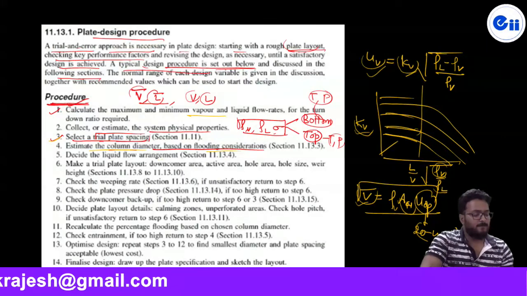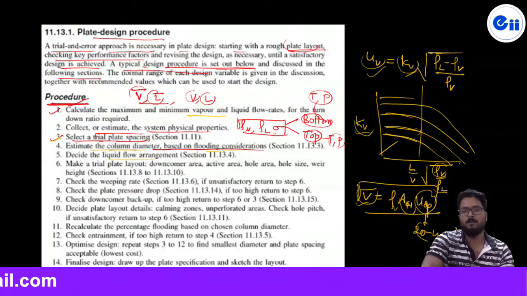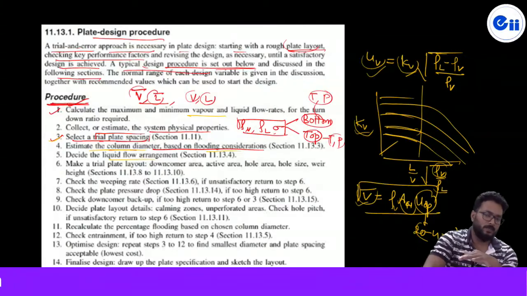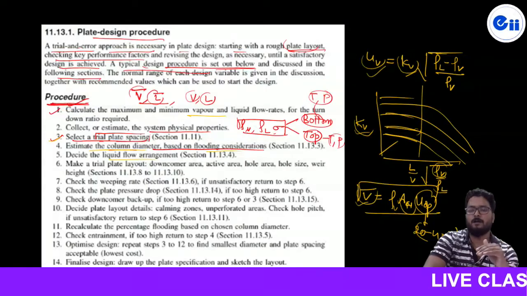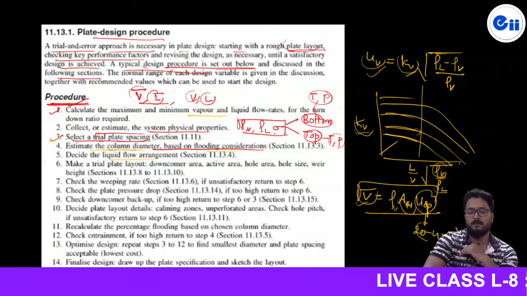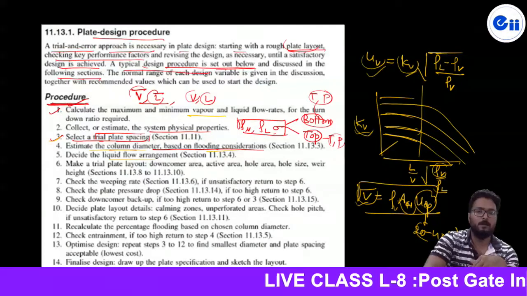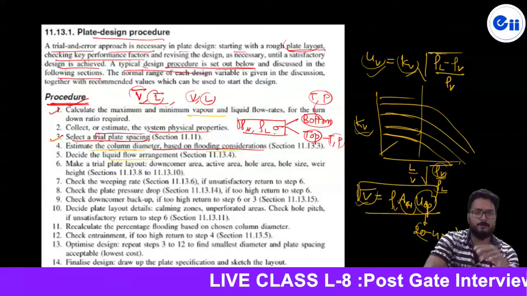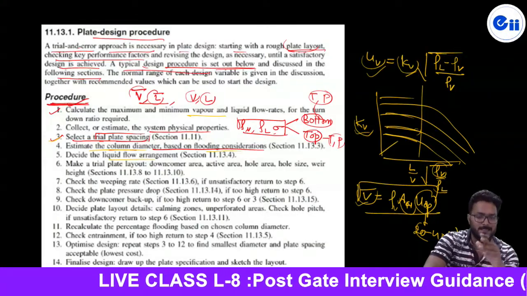Now decide the liquid flow arrangement. We will discuss the liquid flow arrangements, because over the plate, over the tray deck, there are different types of liquid arrangements. It may be cross flow, double pass flow, or single pass flow. These arrangements I will discuss.